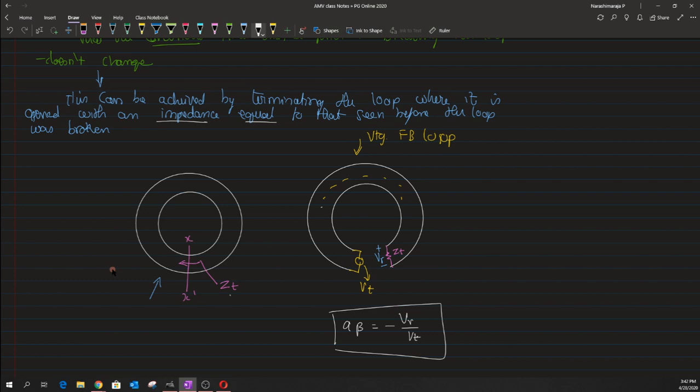Now, you might have a question in your mind like how to identify this input impedance, basically the impedance Zt, so that impedance could be used to terminate the loop to mimic the exact circuit conditions that existed before breaking the loop.